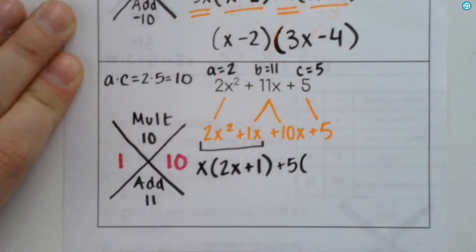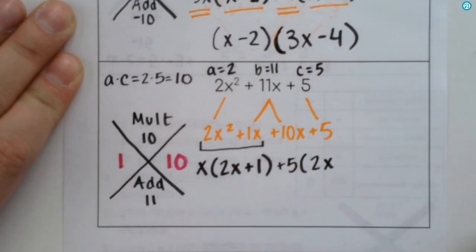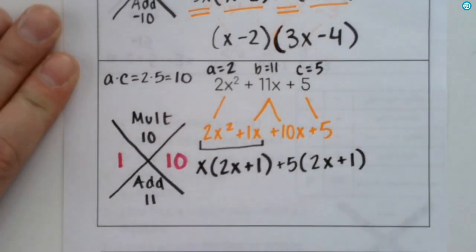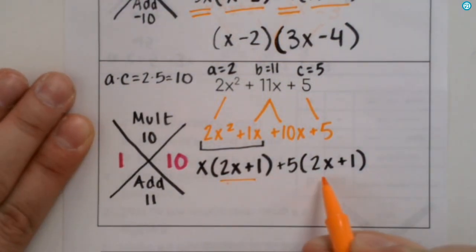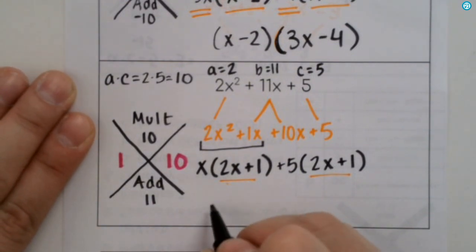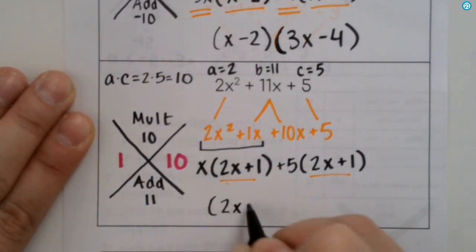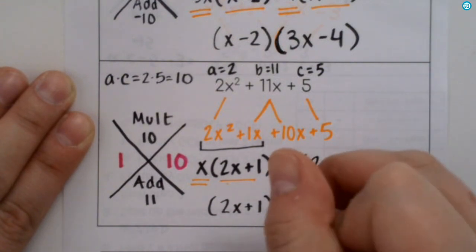And that'll leave 2x. 10x divided by 5 is 2. 5 divided by 5 is 1. So 2x plus 1 again. Which is good, because these guys match. So it goes first. And then my GCF and my other GCF go second.